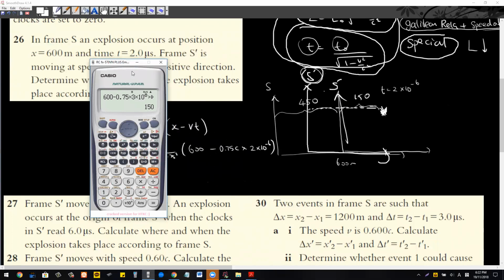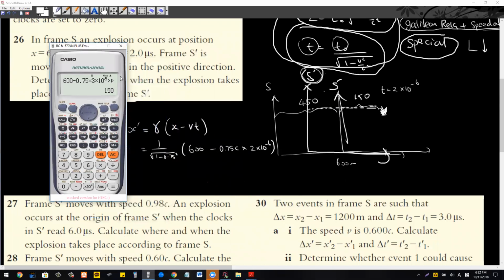That bit there is 150, as you can see, without relativity, with the speed of light being infinite. But then divide that by the square root of 1 minus 0.75 squared, and you get 226 meters.